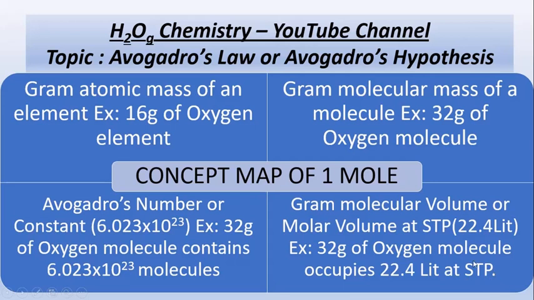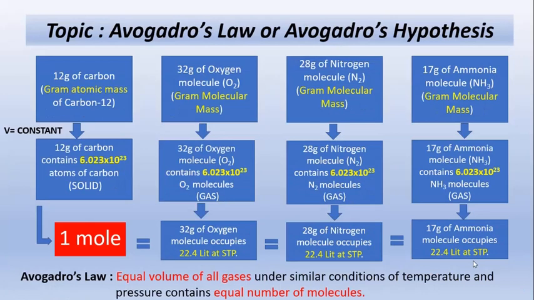Let us go to the next concept called Avogadro's law. Look at this. Imagine that all these 4 boxes or vessels have constant volume. In the first vessel, I have taken 12 gram of carbon, which is nothing but gram atomic mass of carbon, which is equal to 1 mole.